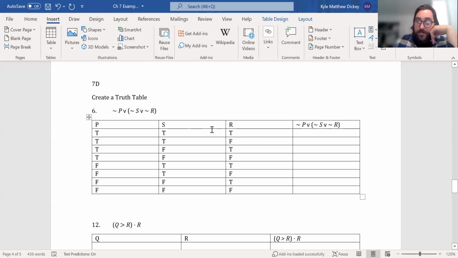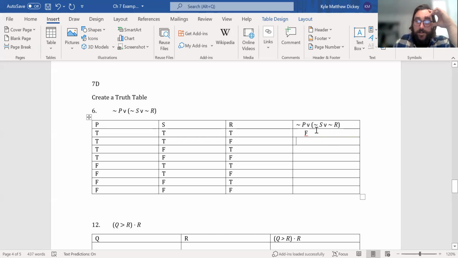Here we got S is true and R is true, but not S means false and not R is false. So that's going to be false for the disjunction here. And using that, now that I know that this is false and I know that P here is true, that means that this is false, right, over here. And so false, false, that makes this whole thing false.